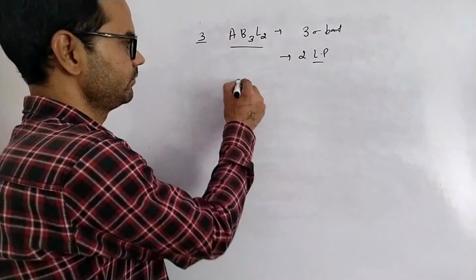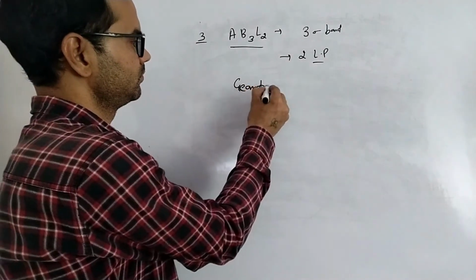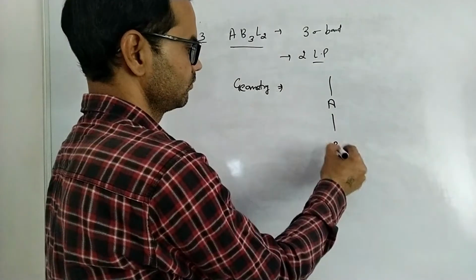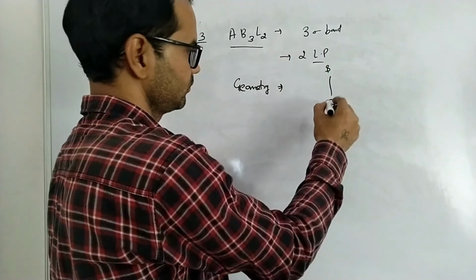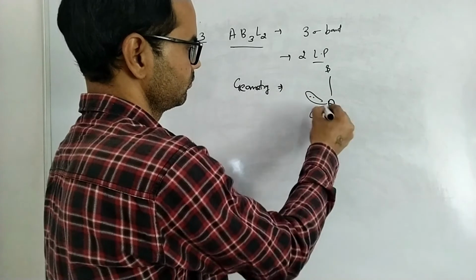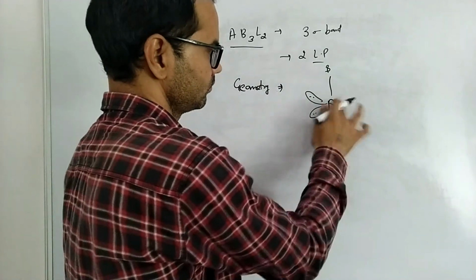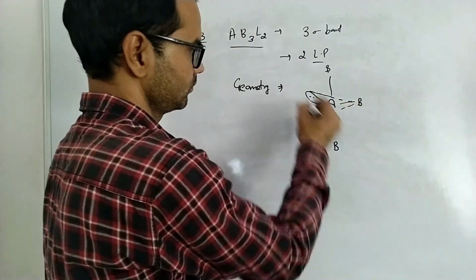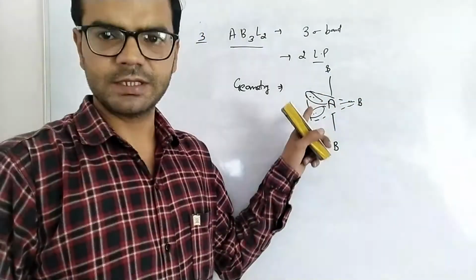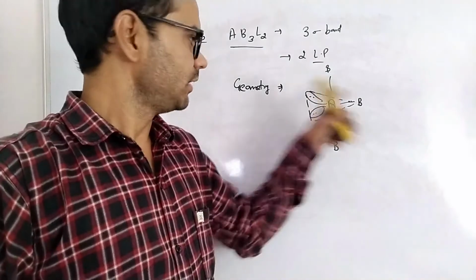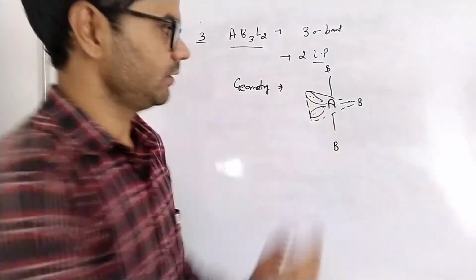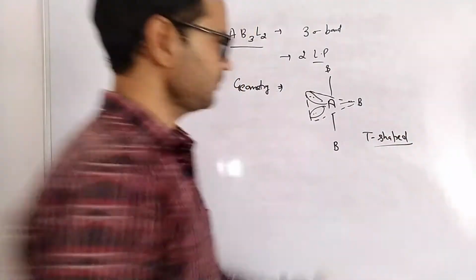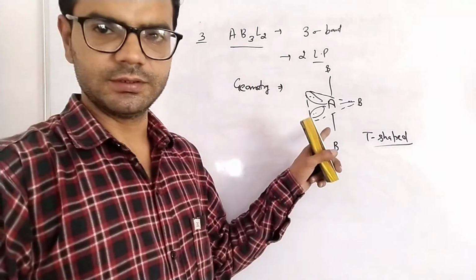So geometry will be: two lone pairs are placed at the corners of the triangle, and now geometry is like the English letter T. This is a T shape.